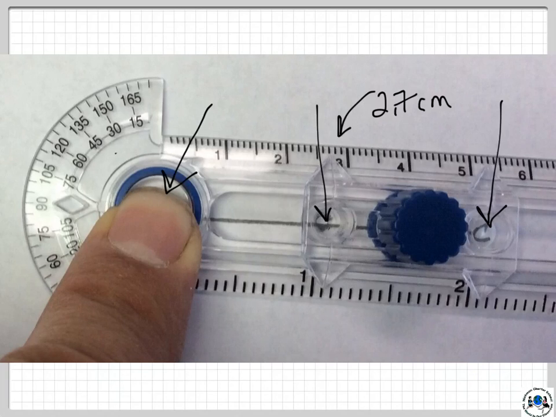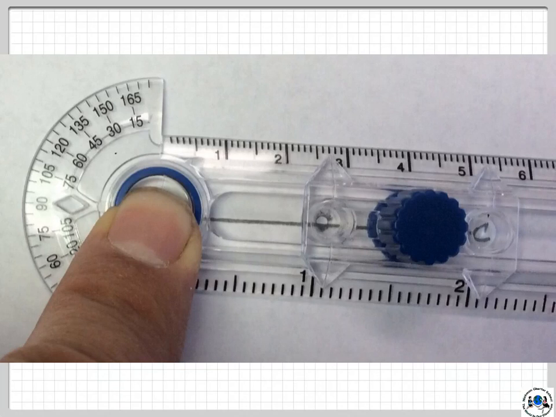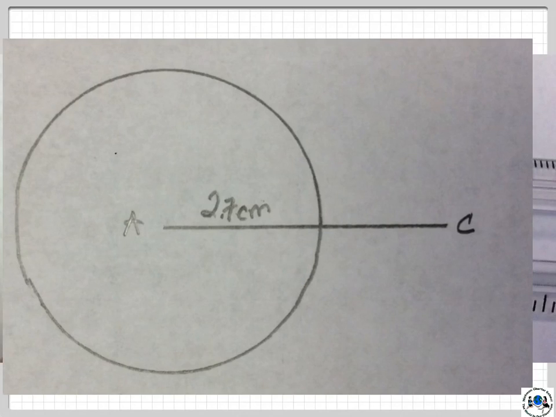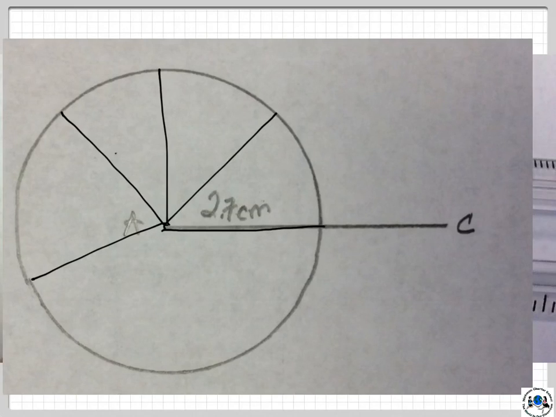When I turn it, I'm going to make a circle here. Since I set a radius of 2.7 centimeters, what I know about this circle, and I talked about this before, is that every single chord that comes off of that center and goes to the edge is going to be the same length.